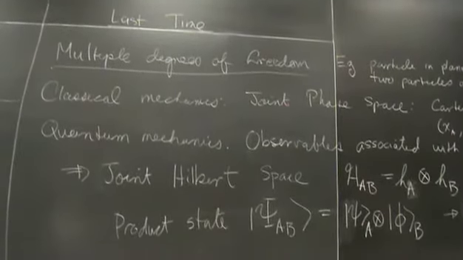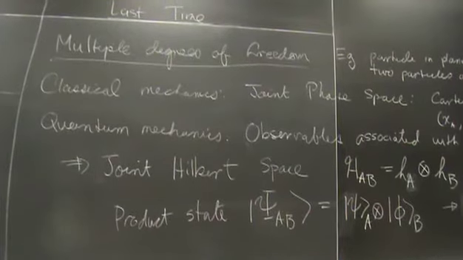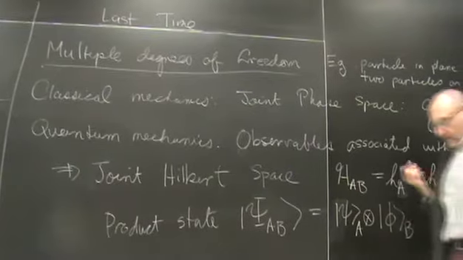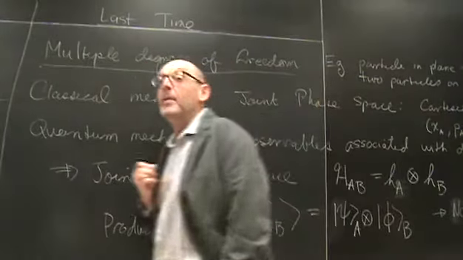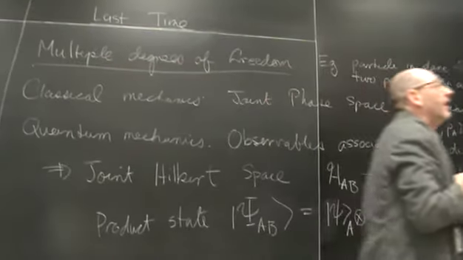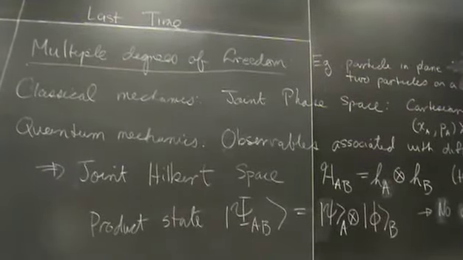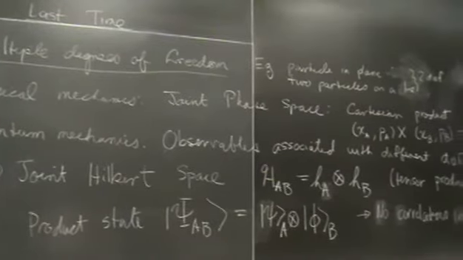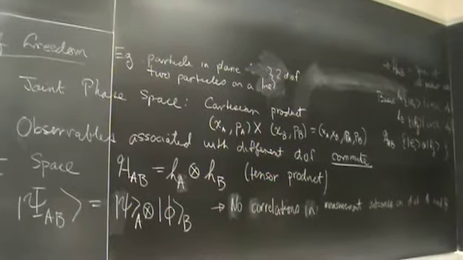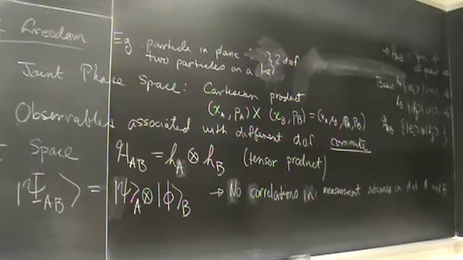In classical mechanics, to each degree of freedom, we assign a coordinate and a conjugate momentum, right? And if I have multiple degrees of freedom, for example, a particle moving in 2 dimensions, or 2 particles moving on a line, those are 2 examples of systems with 2 degrees of freedom, okay?